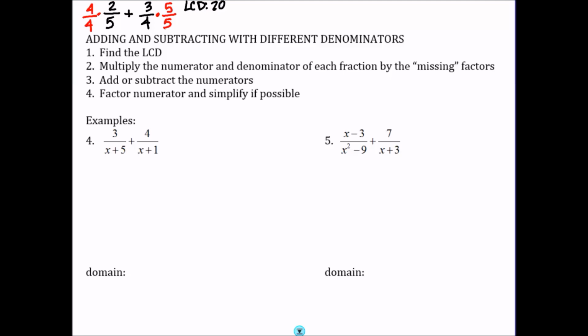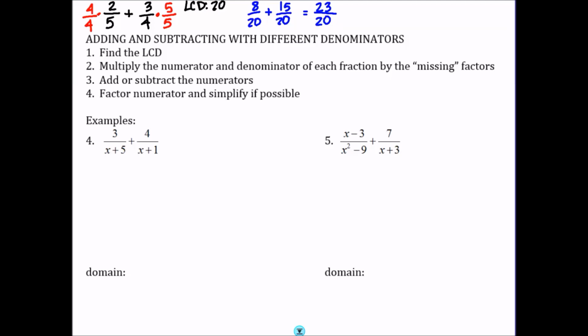That way you make sure you're not changing the value of the fraction. Then we can go ahead and multiply these together. So you end up with 8/20 plus 15 over 20. Then we can go ahead and add. So in this case, we end up with 23 over 20. If we could simplify this at all, we would need to do that as well.